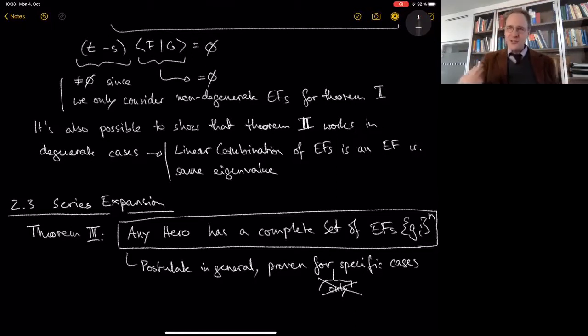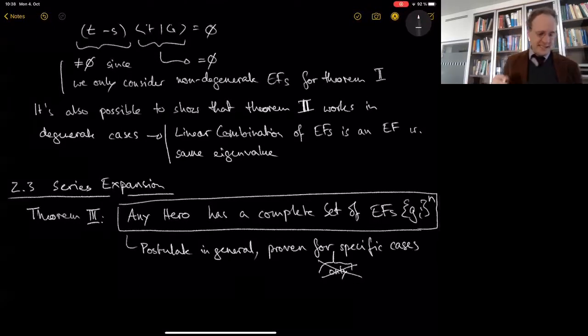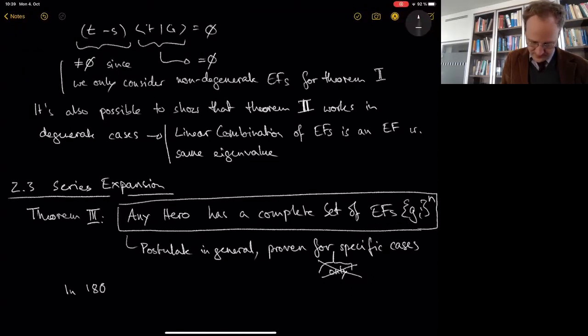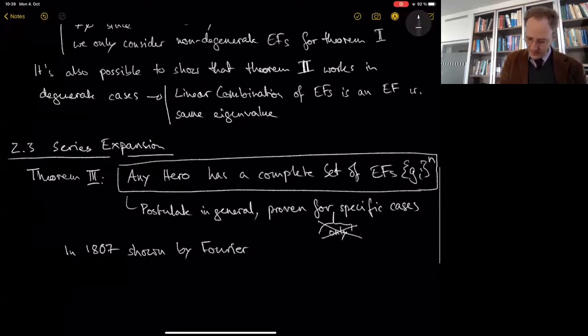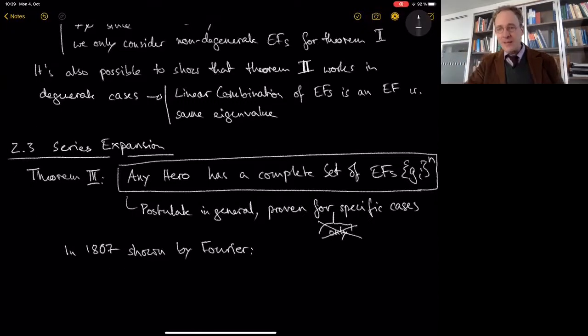All right. Now, why does it matter that a set of functions is complete? It turns out, and maybe you know this already, and this was shown in 1807, an amazing thing. I'm not going to show it to you.